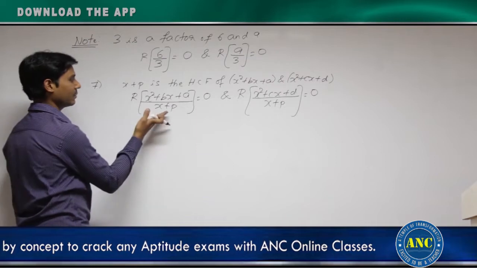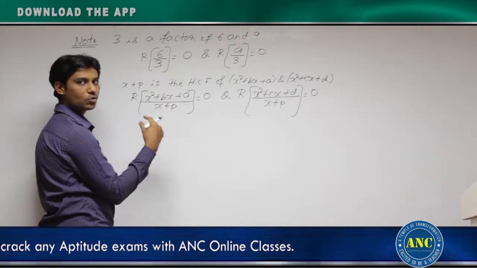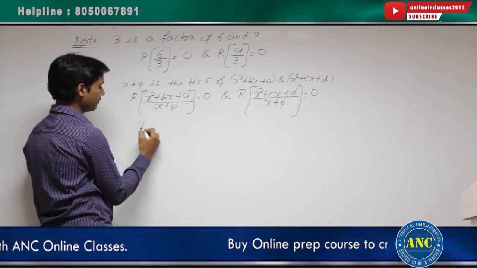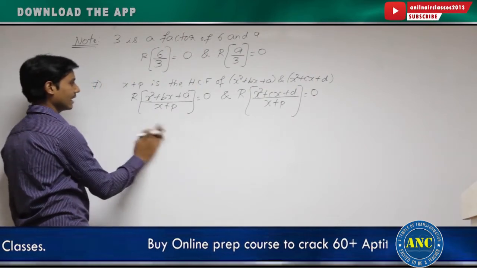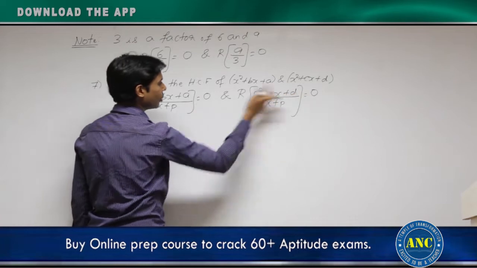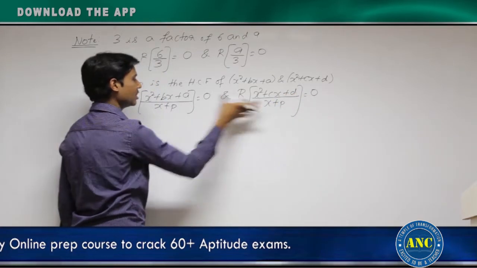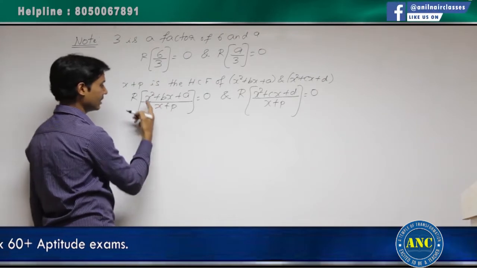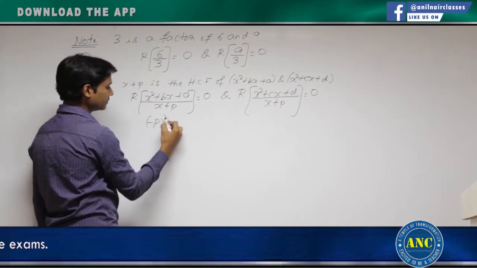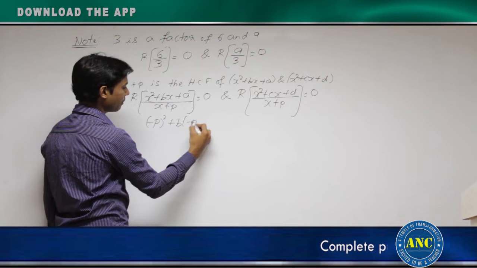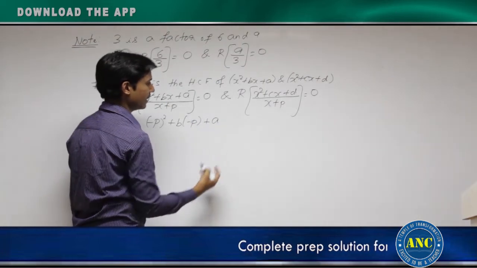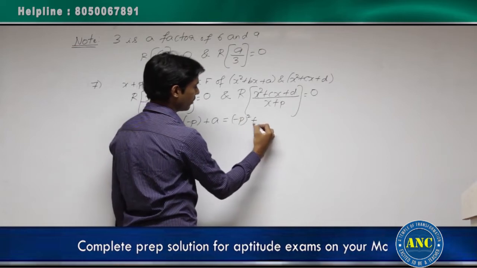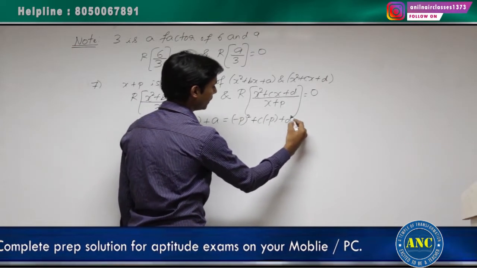Now, how will you find the remainder? Substitute x is equal to minus p in the numerator. Now see here, right hand sides of both the equations are same, so equate the left hand sides. Substituting x is equal to minus p: minus p whole square plus b into minus p plus a, equate it with minus p whole square plus c into minus p plus d.